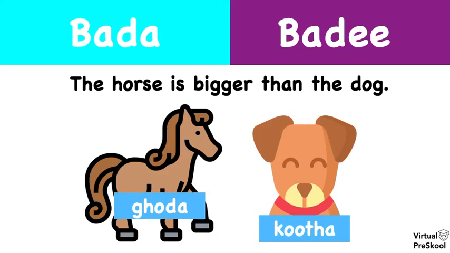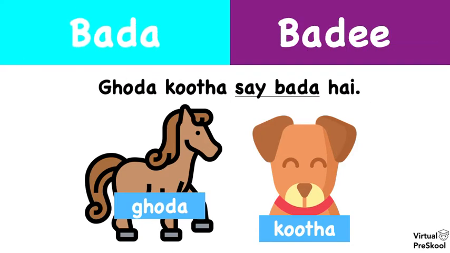So our sentence is now ghoda, kutta, and now we have bada or badi. We said bada. So we add our new word in front. Ghoda, kutta, se, bada, hai. One more time. Ghoda, kutta, se, bada, hai.